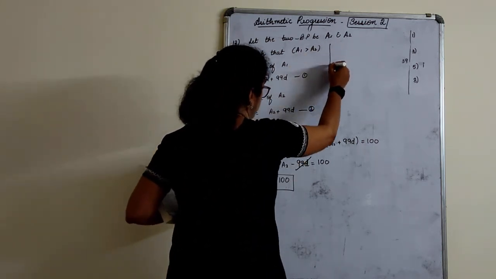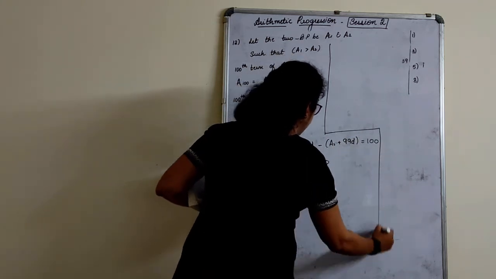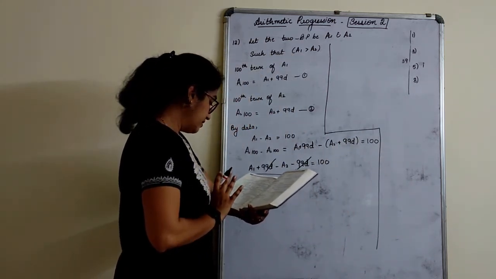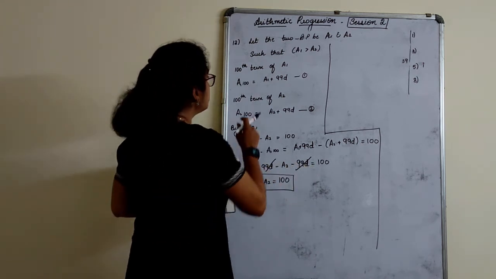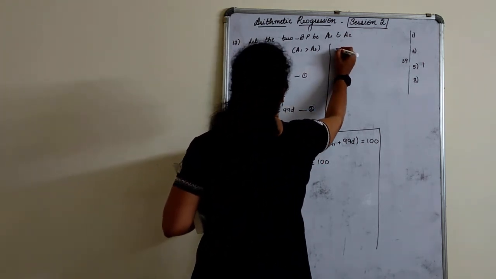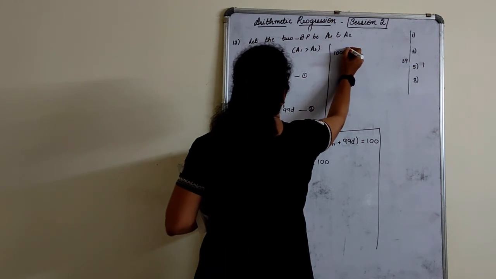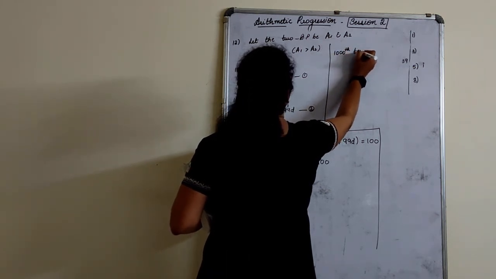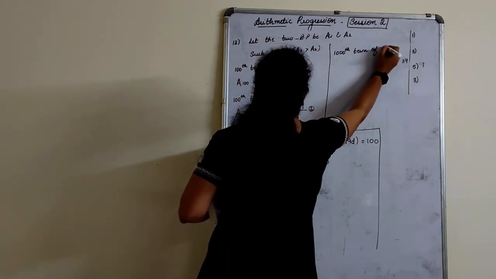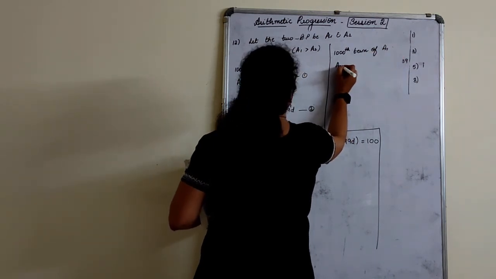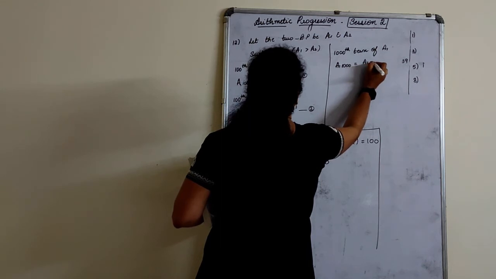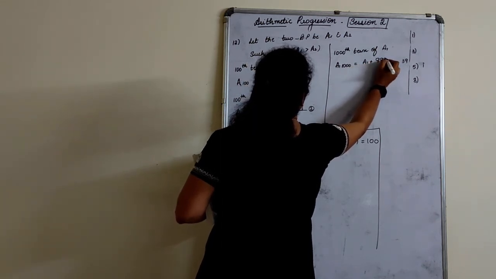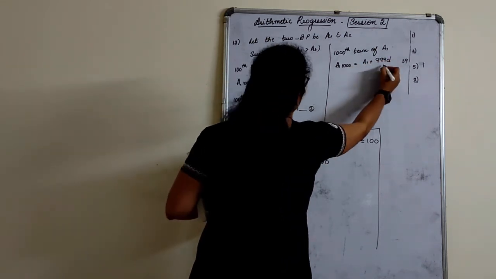Next, they have asked, again, the second condition is given. Find the difference between, that is, what is the difference between the 1000th terms? The 100th term we have written. Now, how do we write the 1000th term of A1? So it is A1 1000th term is equal to A plus 999D, right?